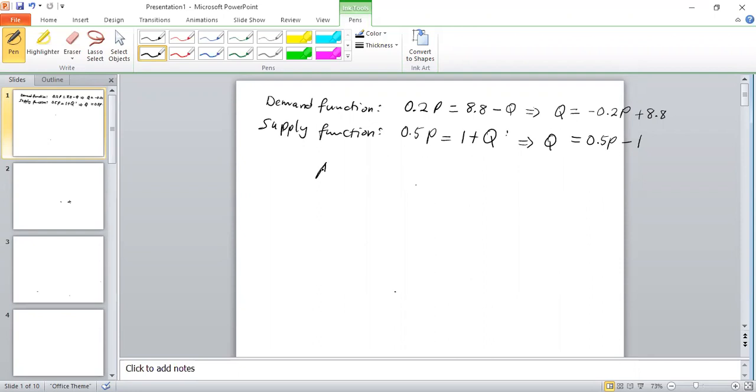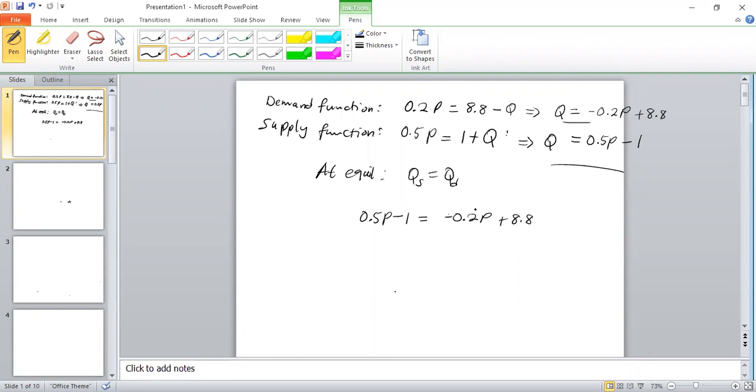So we know at equilibrium, QS is equal to QD. So we are going to equate these two. So we will say 0.5 P minus 1 is equal to negative 0.2 P plus 8.8.